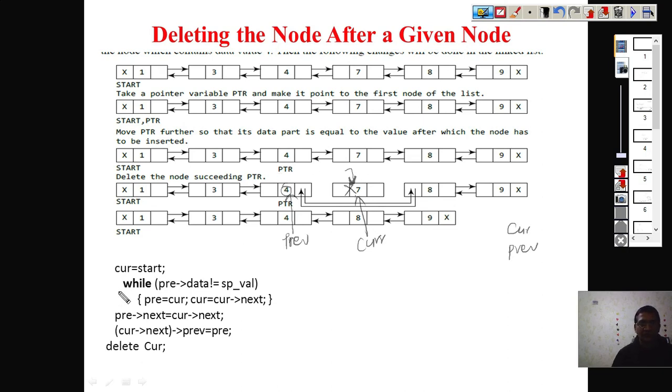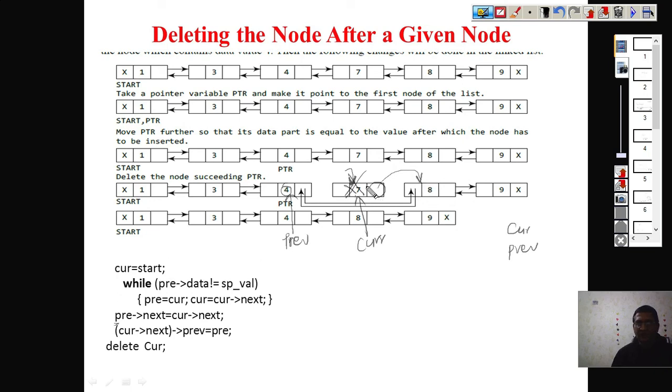So when you are out of the while loop, what is required? If you delete this node, then what will happen? You are not able to connect to the next node, because in order to reach it, you must come here. The next field contains the address of this node.